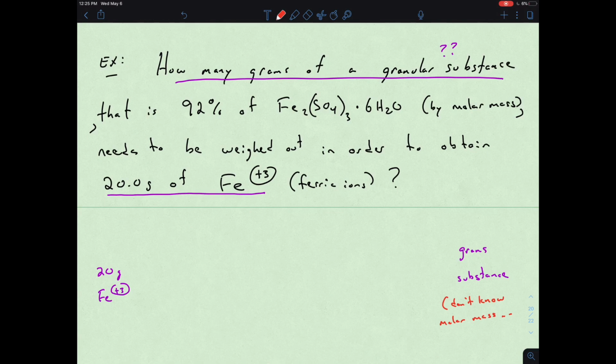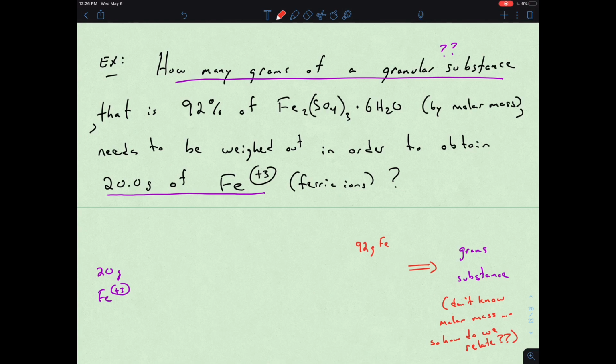So the question would be, how do we relate? And the answer here would be in terms of this other percentage that we actually have, meaning that there is this idea of 92%.